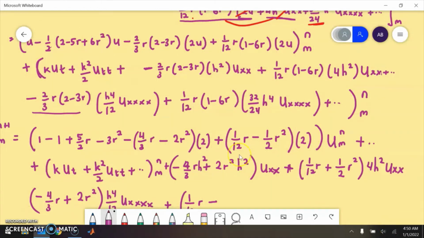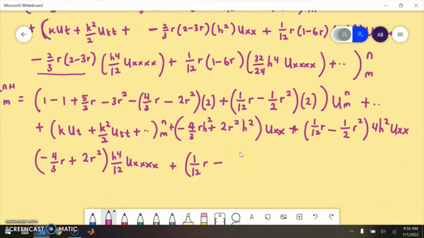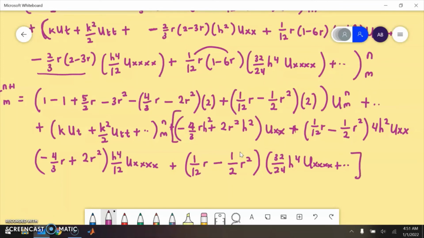This should be 2 here, this should be negative 4, so this should be negative here. What do I have here? This times this, so I have 1/(2r²) 32/24 h to the power of 4 u_xxxx. Okay, now this whole term, how do I do this? Maybe this whole term here, and don't forget the positive sign here.